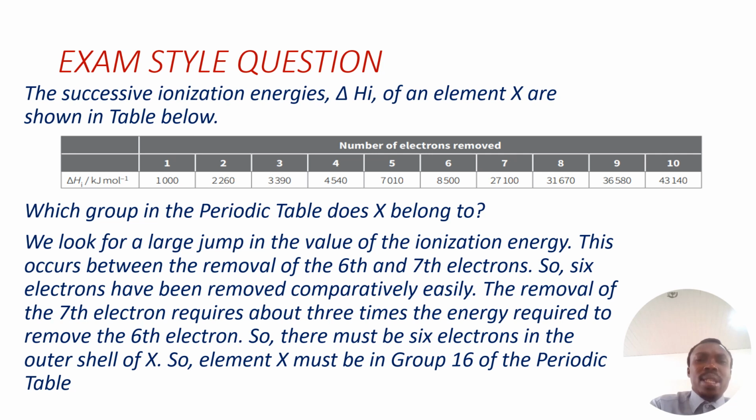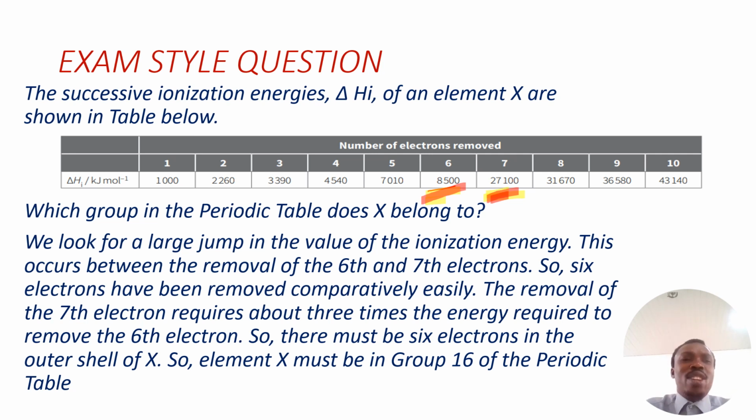Look at it between the 6th and the 7th ionization energy. The 6th ionization energy is about 8,500, and the 7th ionization energy is about 27,100. So there's a large difference, a big jump.